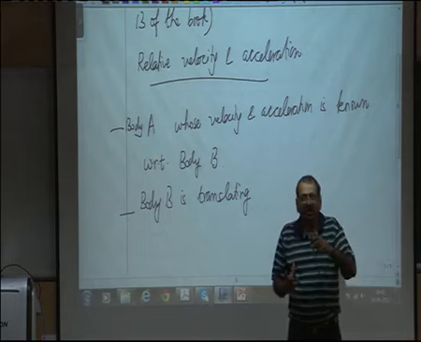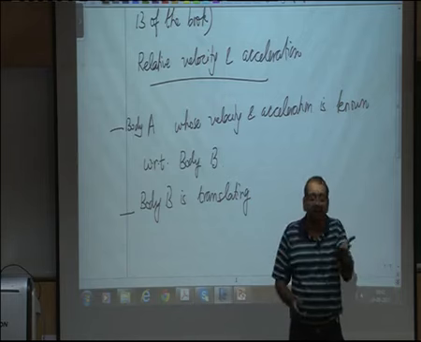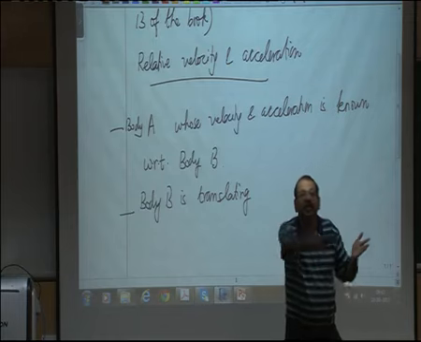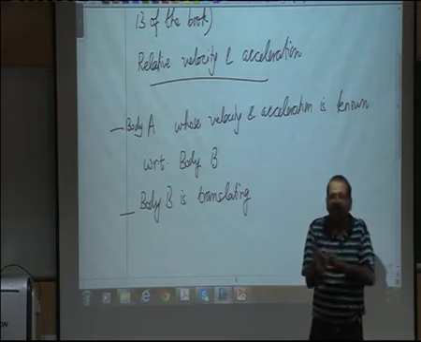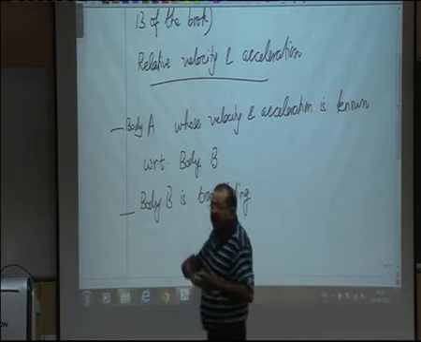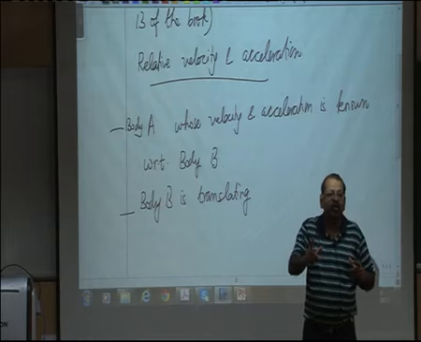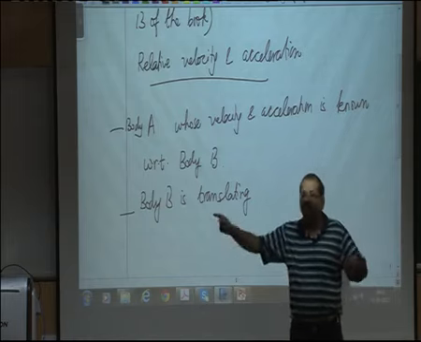So that does not preclude the body from moving in a curved path. For example, let us talk of a car. The car is translating even when it is moving in a curved path, it is not rotating. If it rotates, then I'll pray for you. So what we mean by translating is that any axis fixed to the body is not rotating. So it could move on a curved path also.